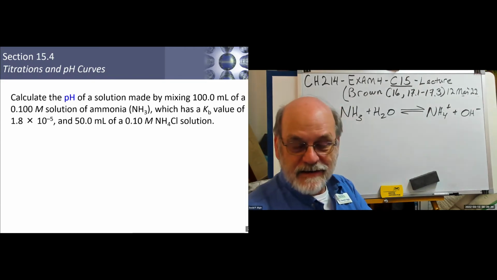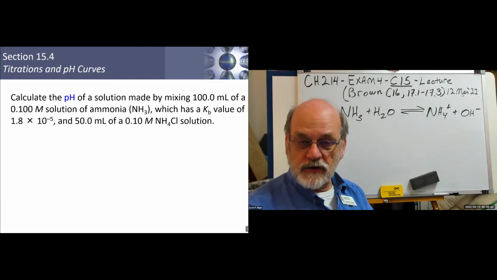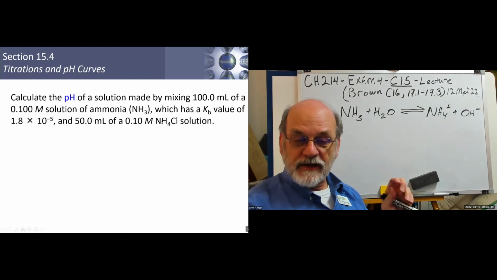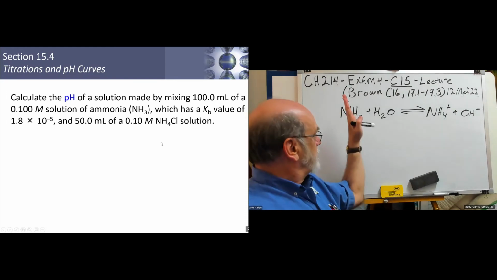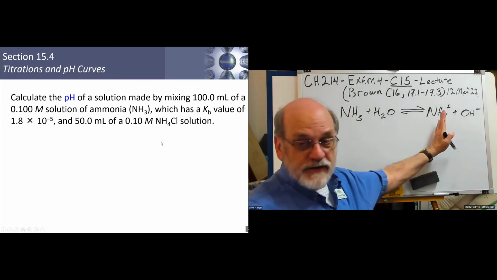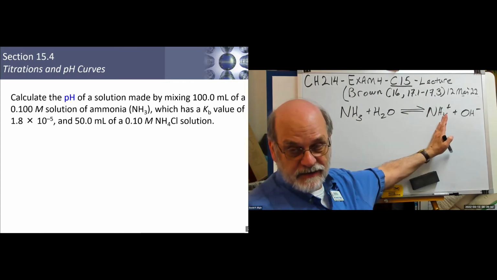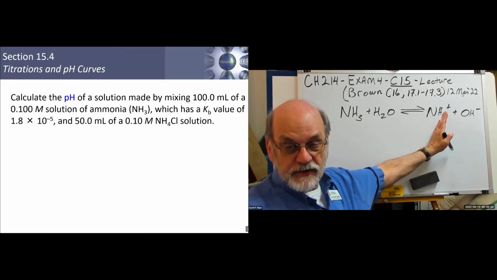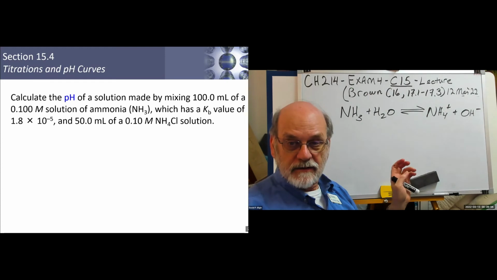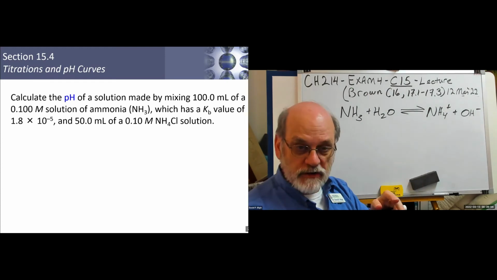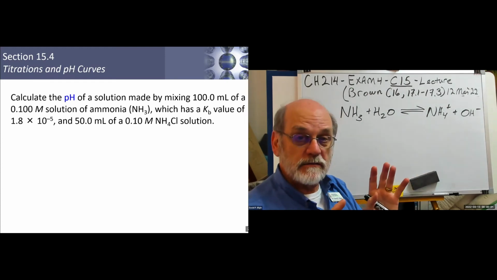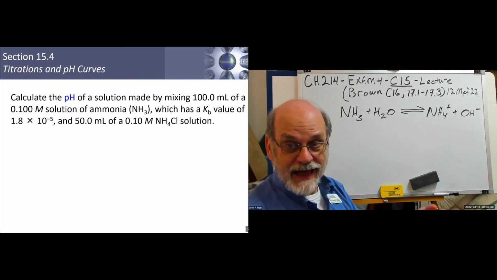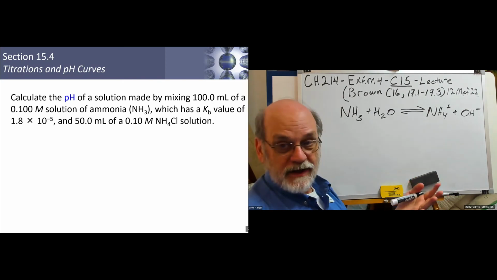All right. So since we're adding these two solutions together, that explains why we're using ammonium chloride, because this is the base, this is the conjugate acid. So if we're in a buffer situation and you add protons, you add hydrogen ions, an acid, then what's going to happen?